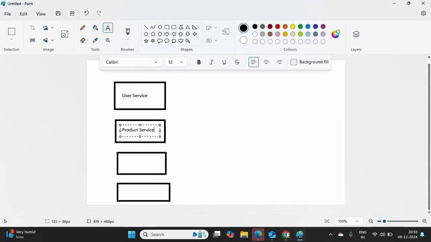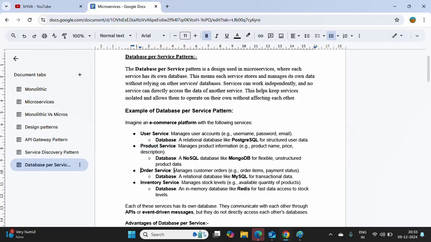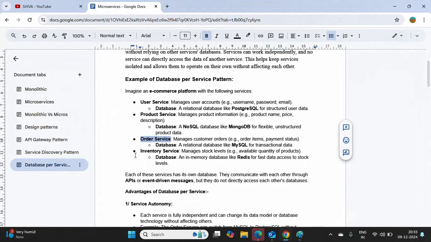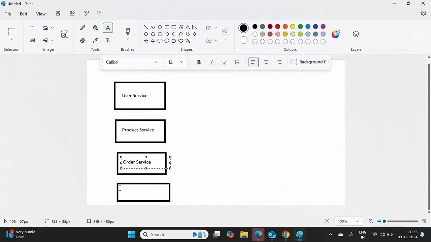Then the next one is the order service, and this is going to be the inventory service. Now I have the four services.